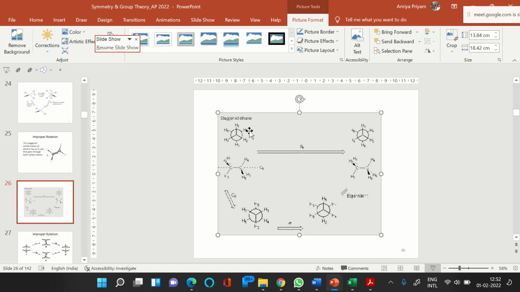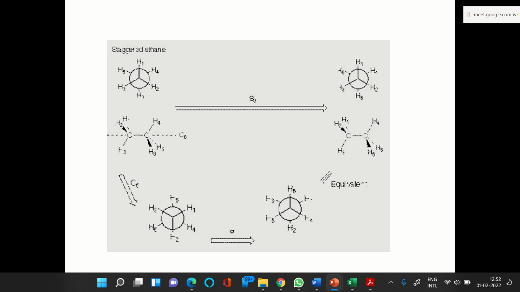So that is for the second carbon which is behind, and the 3 hydrogens connected. So once you visualize that, it becomes easier.